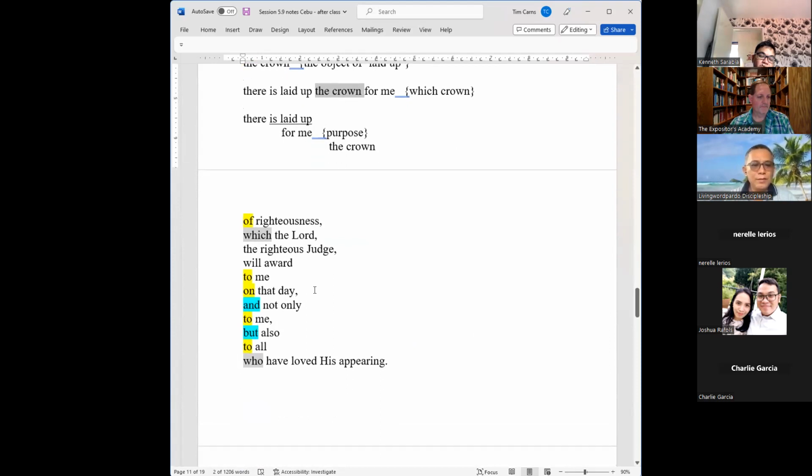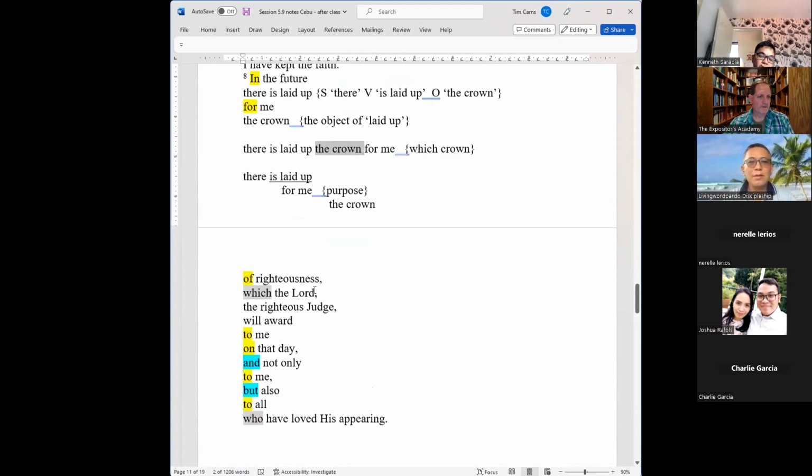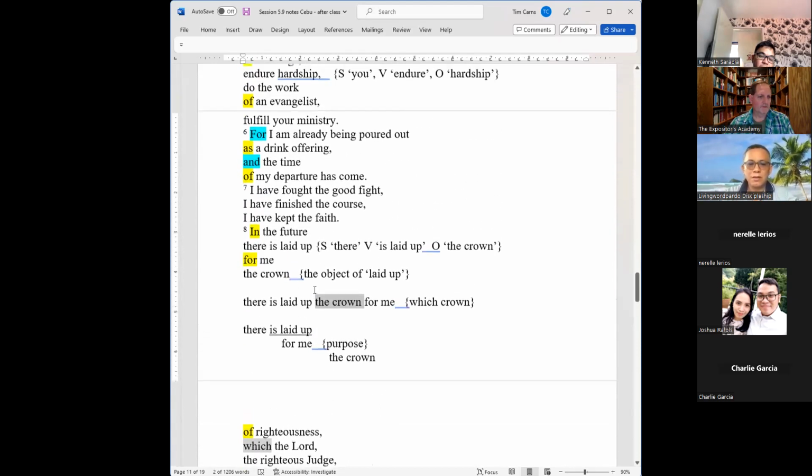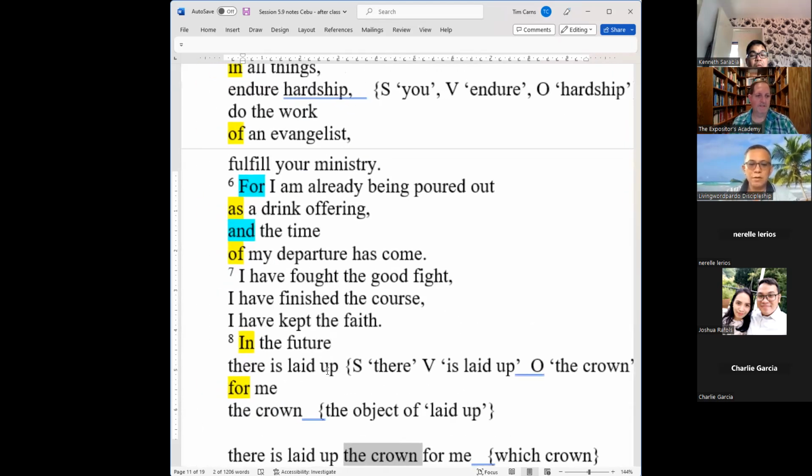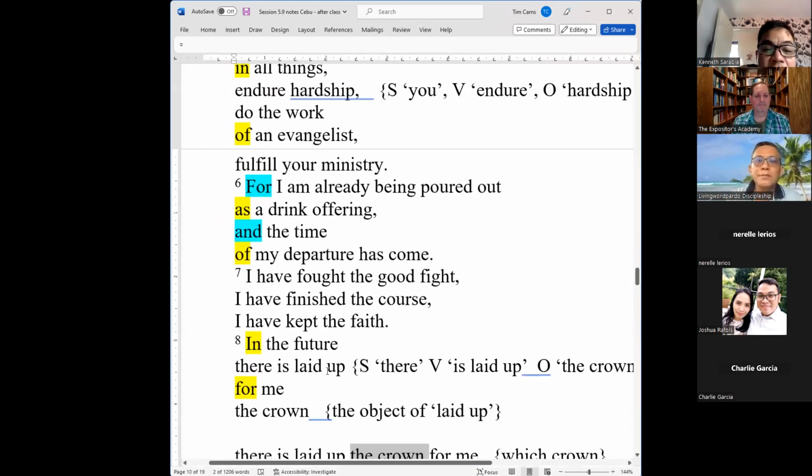I thought there was. Yes, there's another place where we see this happening in verse 6. Does anybody see that? Where we have a phrase inserted between or within the clause. You guys see it here in verse 6?